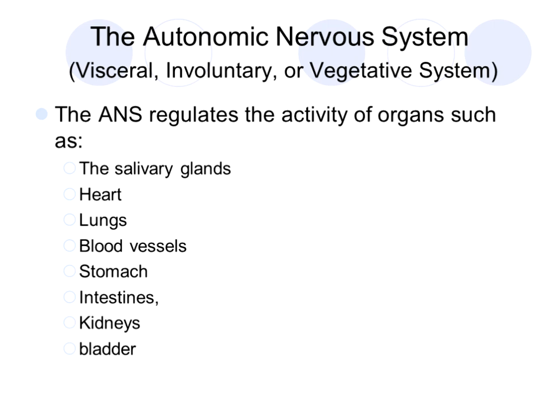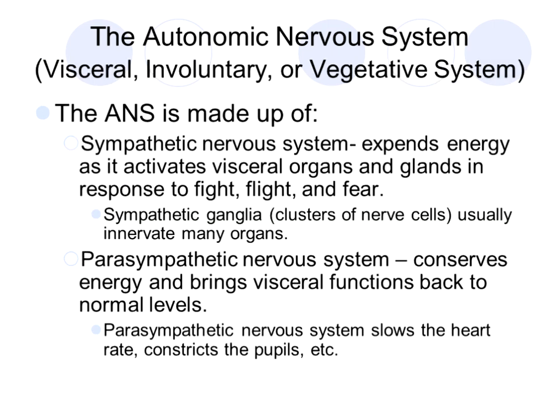So all that stuff is involuntary. All of a sudden, your involuntary system or vegetative system just goes into overdrive. Okay, so that's what I want you to think of when you think of the autonomic nervous system. It's involuntary, it's visceral, or it's a vegetative system.